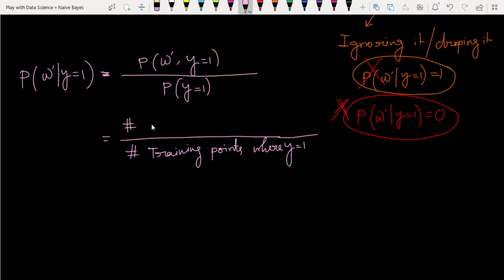the number of training points such that w dash occurs and y equals 1. We have seen both cases: if our class label is 1, how many times does w dash occur?